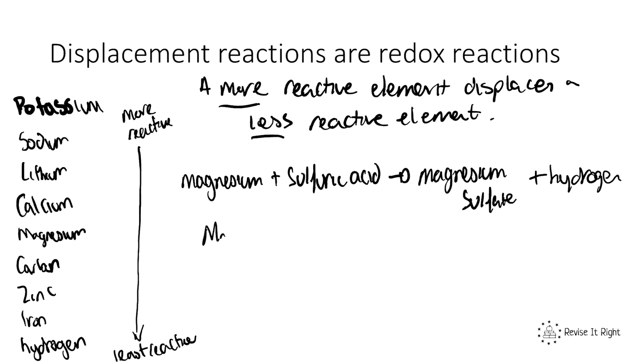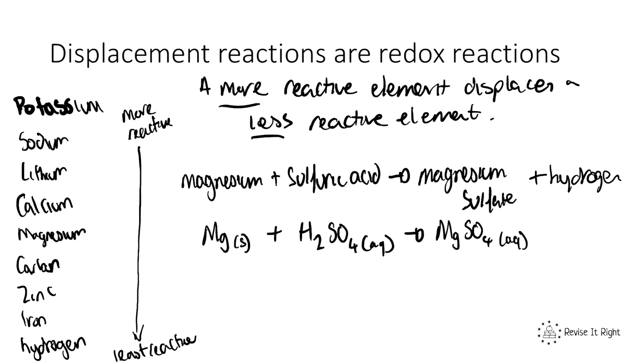So magnesium, a solid, Mg, plus sulfuric acid, H2SO4, goes to magnesium sulfate, MgSO4, plus hydrogen, H2.